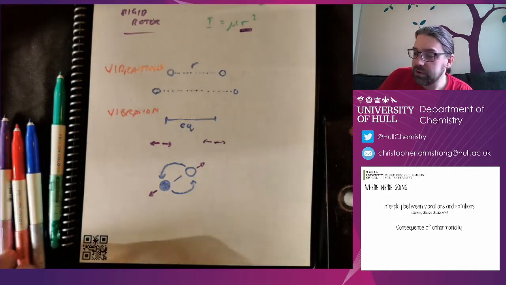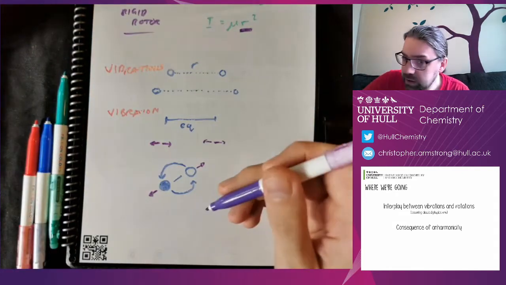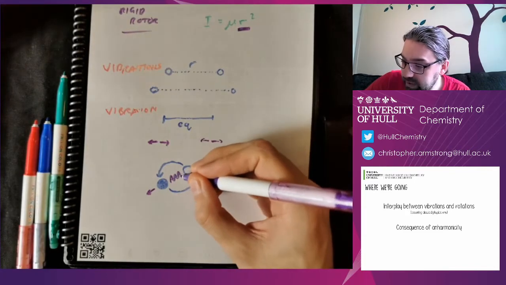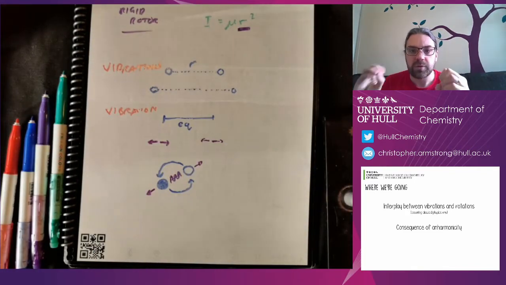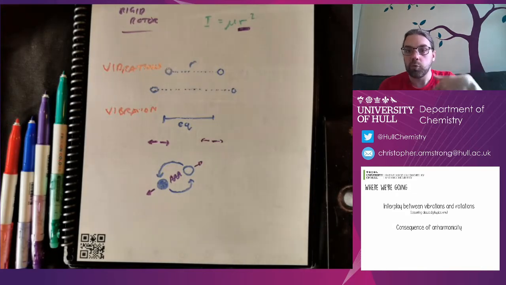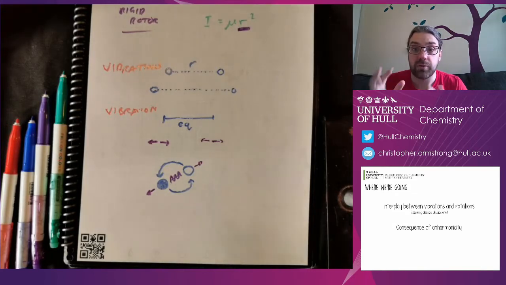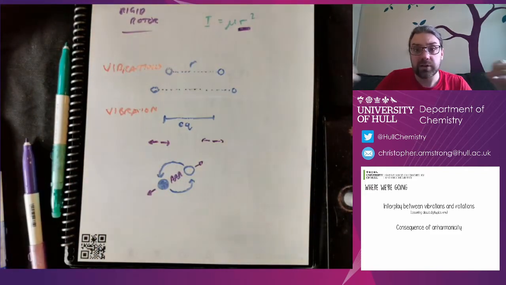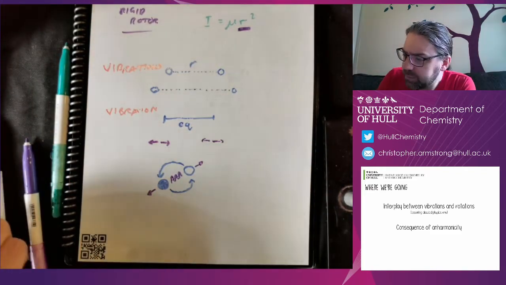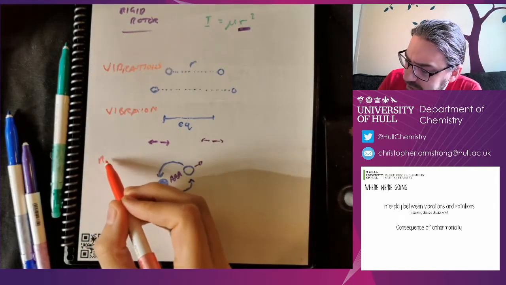If you literally had a spring connecting them and then spun it, that spring would lengthen. There is a force applied from that rotation around the center of mass, and it gets longer. So that means rotations actually affect the vibrations.